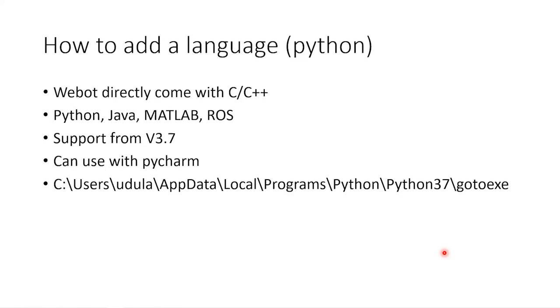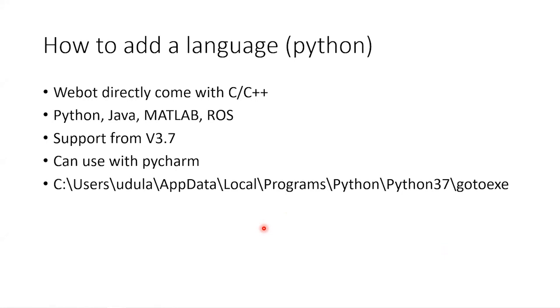So I encourage you to use C++, but today, since many of you are familiar with Python, and because Python is a very popular language nowadays, I'll be using Python to program today's session.